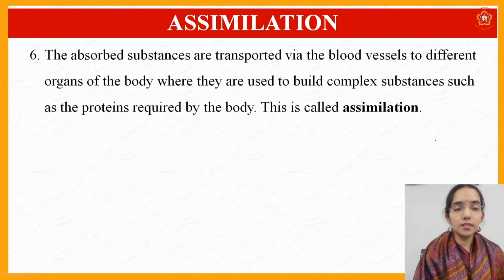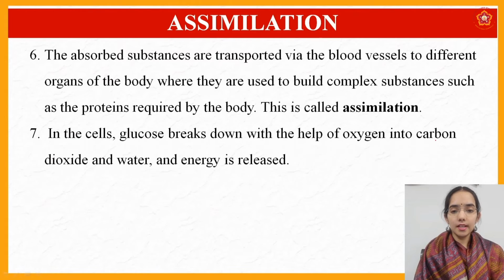Now through blood vessels, the digested food has reached all the cells and organs of our body. Now those organs, those cells will utilize that food, and that process of utilizing that digested food is known as assimilation.